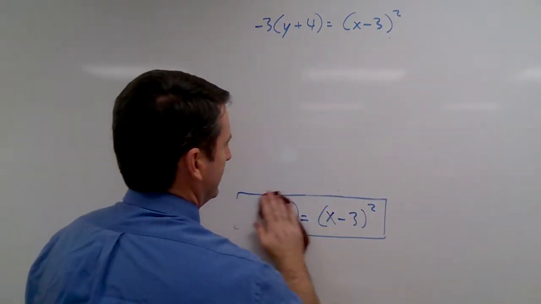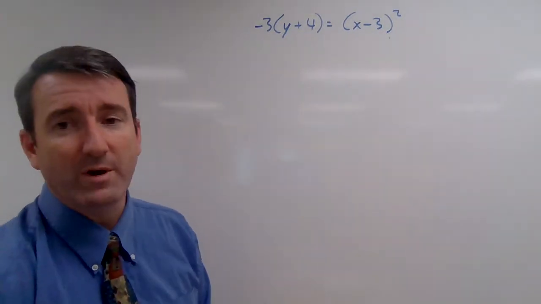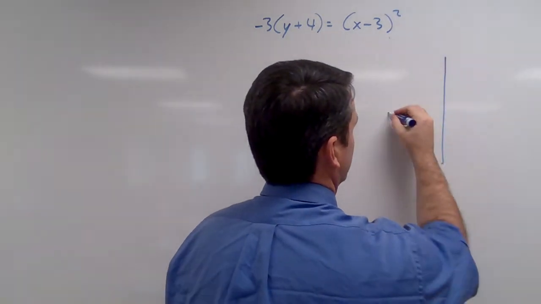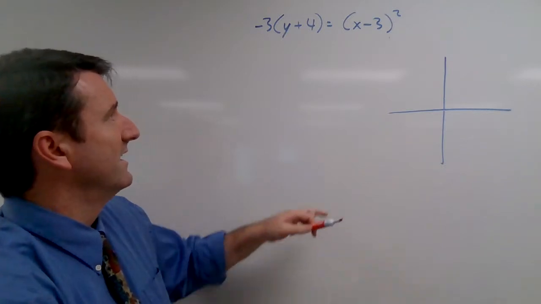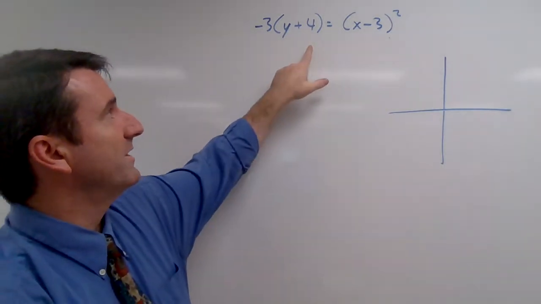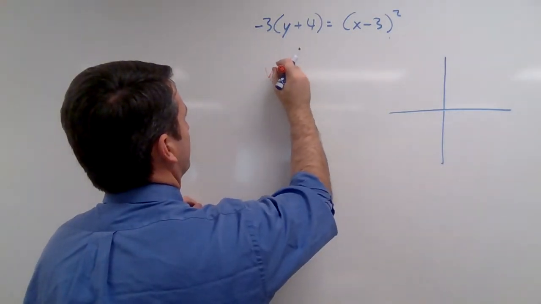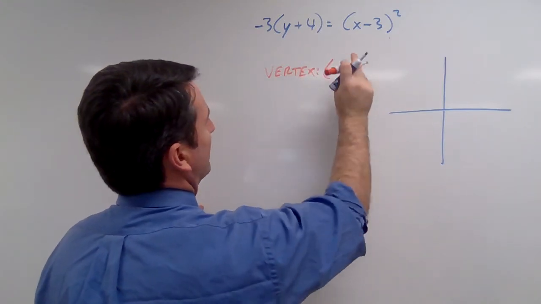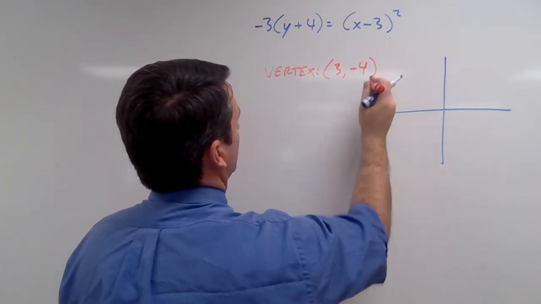All right. Now, what I want to do first is sketch a little graph. So this doesn't have to be super precise, but let's just sketch out what this is going to look like. So first of all, we know that the vertex is going to be at the point 3, -4.